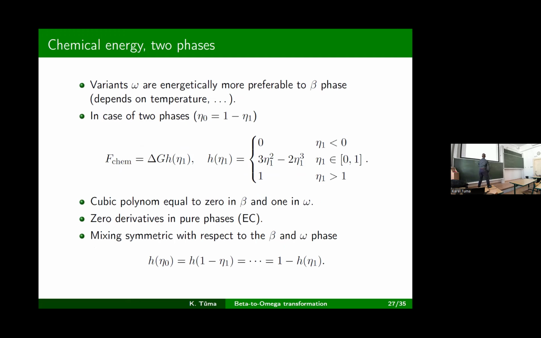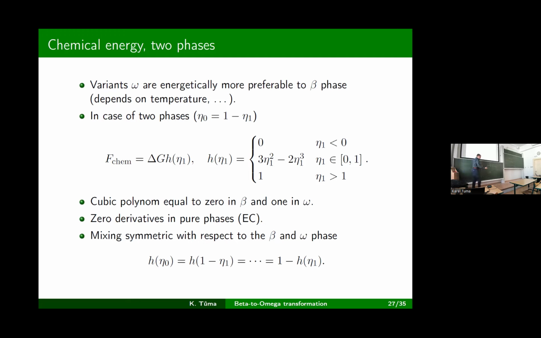So now I will come to the most difficult part, and this is the chemical energy. Again, we will start with just two phases, where you know how to do it. Typically the chemical energy is scaled by a cubic polynomial in the volume fraction, and we want that if we are in the beta phase, meaning eta 1 equals 0, this polynomial is equal to 0.